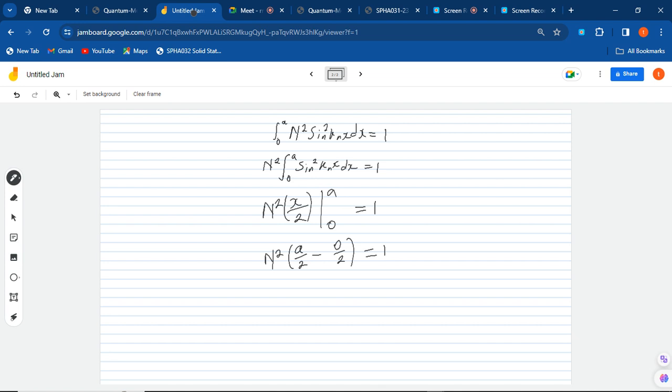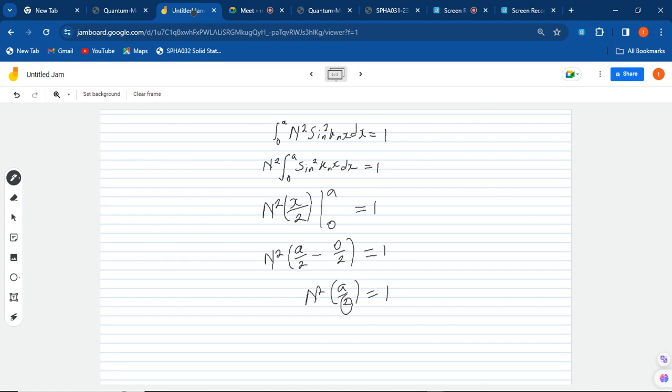And then you will have n squared times a over 2 minus 0 over 2, which is a over 2, equal to 1.